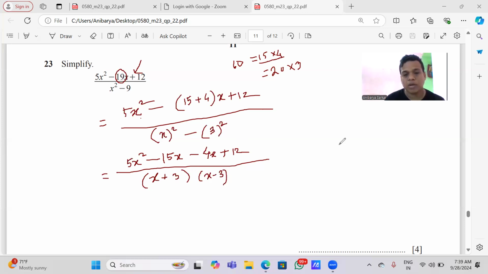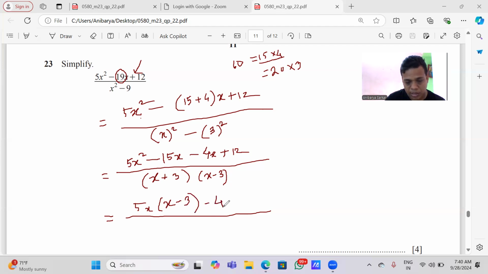From the numerator, I can take 5x from the first two terms, so that is 5x into x minus 3. And from the last two terms, I take minus 4, so that is x minus 3 again. That is divided by x plus 3 into x minus 3.